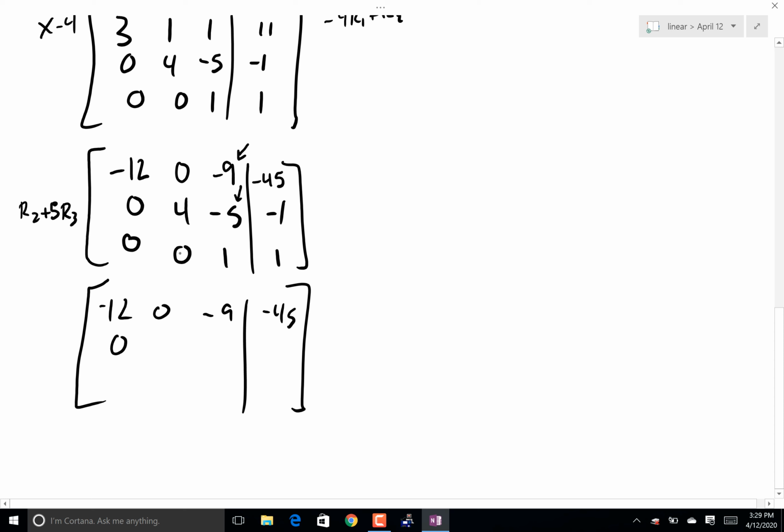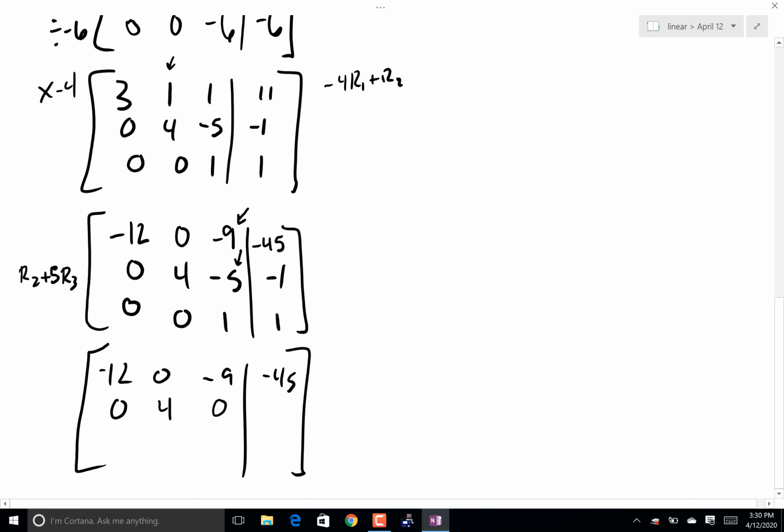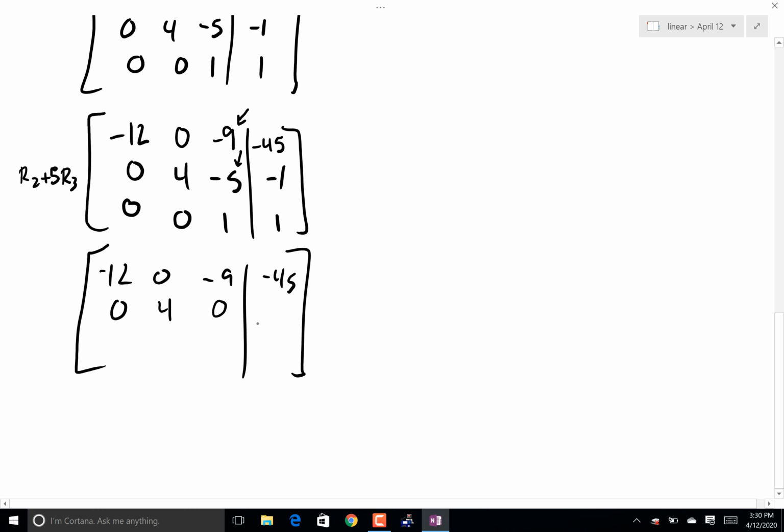The middle one is going to become 4 plus 0, which is still 4. And then negative 5 plus 5 is 0. That was the whole point of that. And then negative 1 plus 5 is negative 4. Well, that's nice.